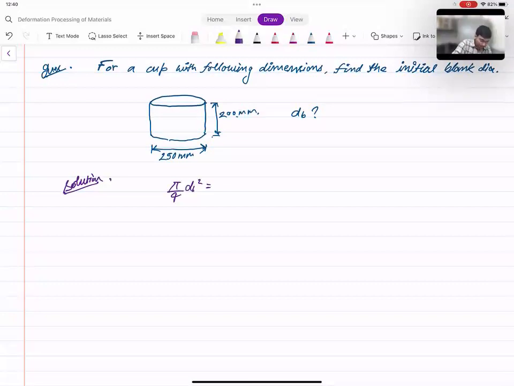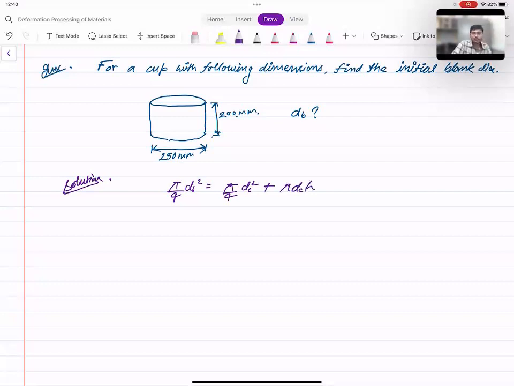So this will become pi by 4 DC square plus, this was 2 pi RH, or if diameter is given, then it will be pi into DC into H. Okay.